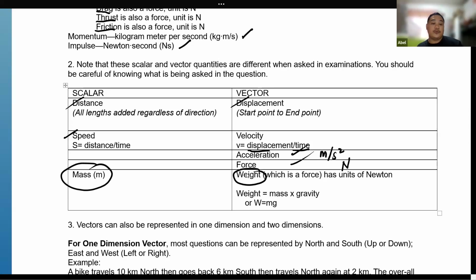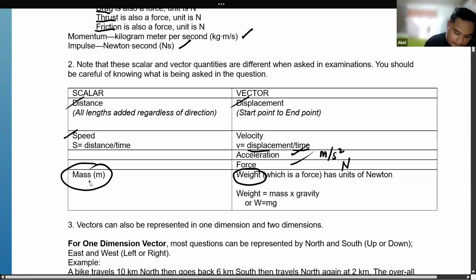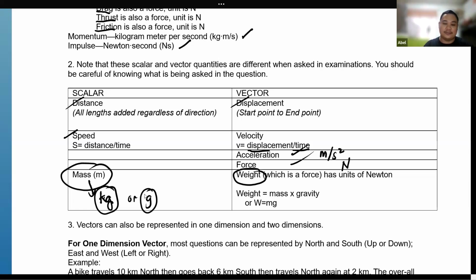But when we are asked in physics, we usually express mass as a scalar quantity, and the unit for that is kilograms or grams. Okay, the SI unit for that is kilograms, not grams. But anyway, they're all referring to mass.